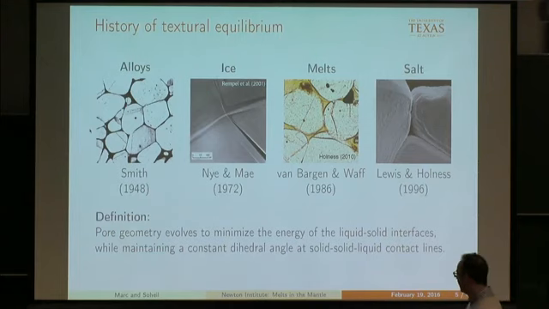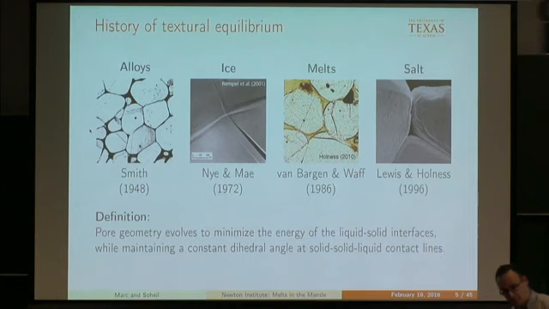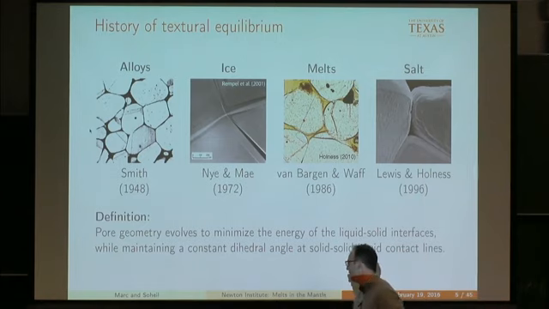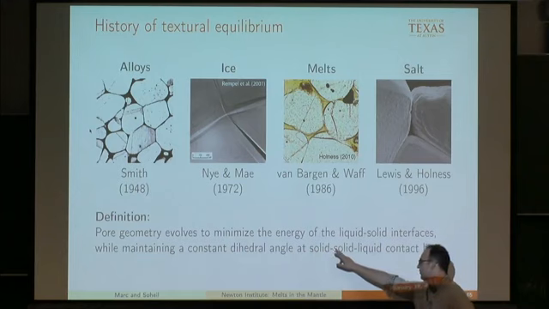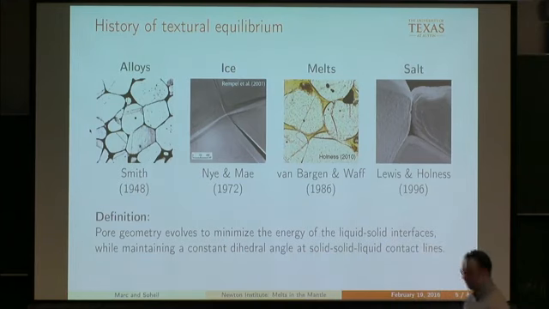So I would define it as follows: textural equilibrium means that the actual geometry of the pore space, so the liquid-solid interface, evolves to minimize its own energy while maintaining a constant dihedral angle, which really just means mechanical equilibrium at junctions where two solid grains and the liquid come together.